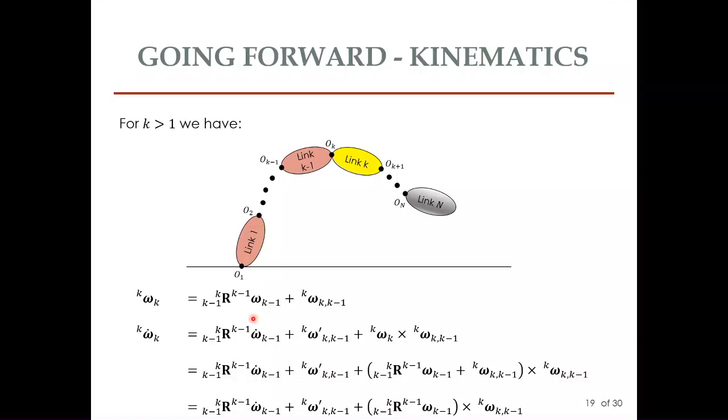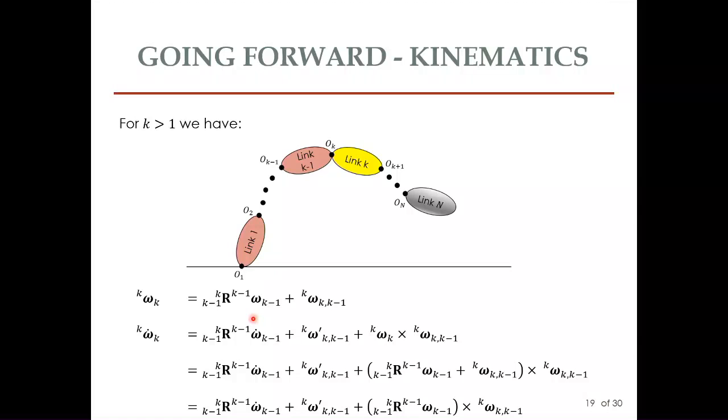this bit here is the absolute angular velocity of link k minus 1 expressed in frame k minus 1. When k equals 2, yeah, so this is omega 1 in frame 1, which we found, right? We found this one.